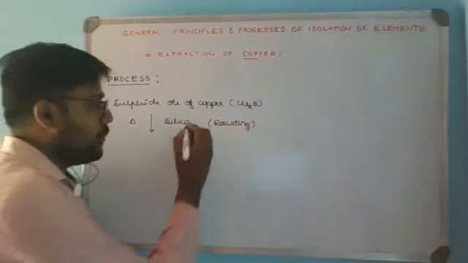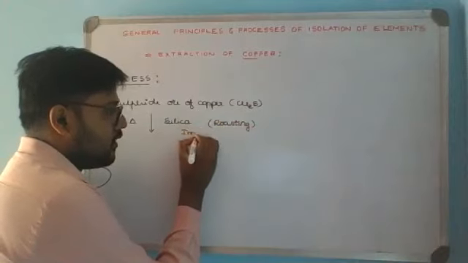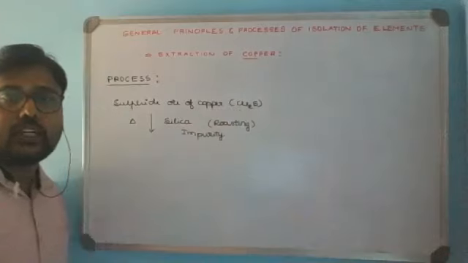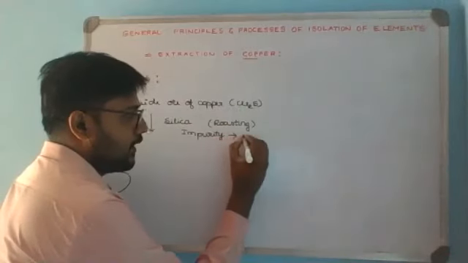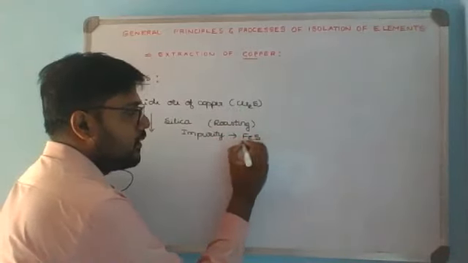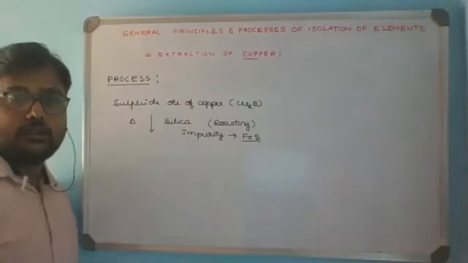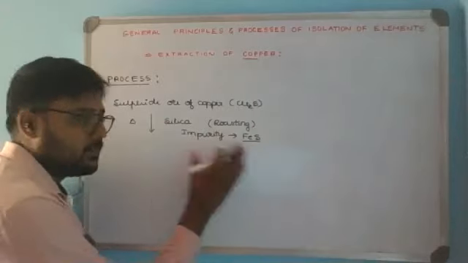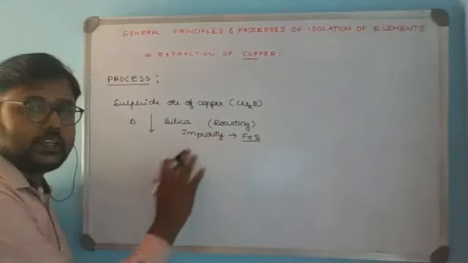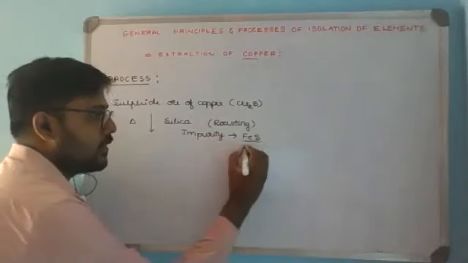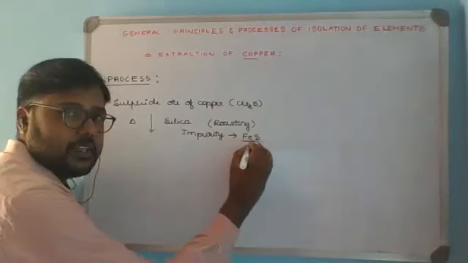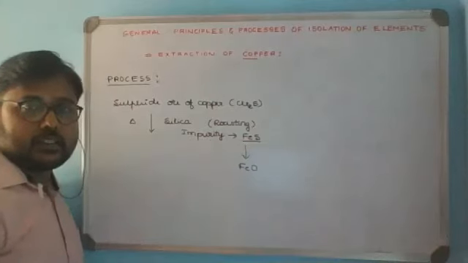The major impurity associated with the sulfide ore of copper is iron sulfide. All the impurity is not going to be removed in the roasting process. The impurity iron sulfide gets oxidized to iron oxide, but not all FeS gets converted into the oxidized form.